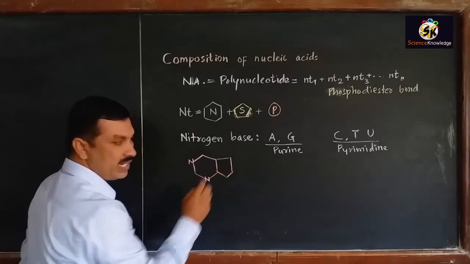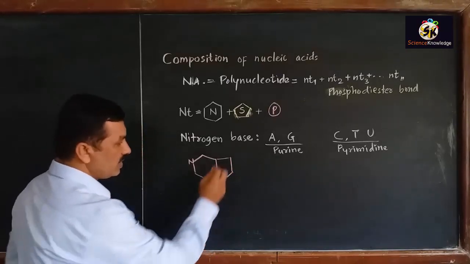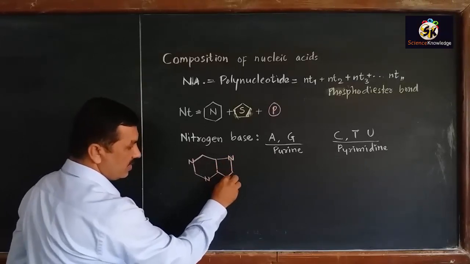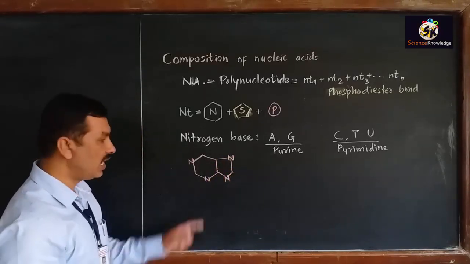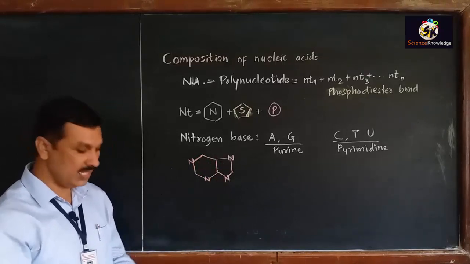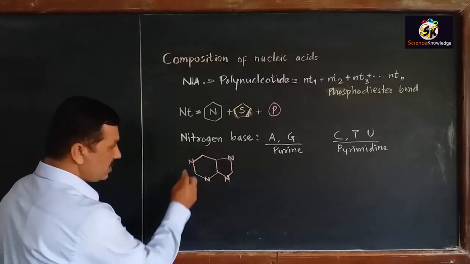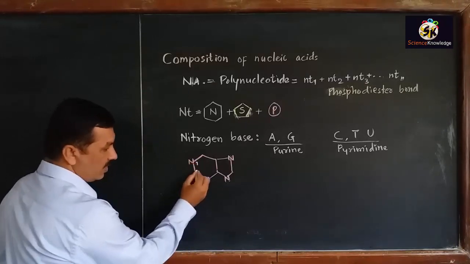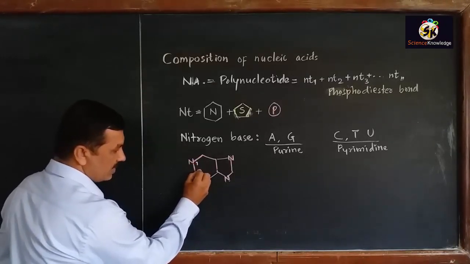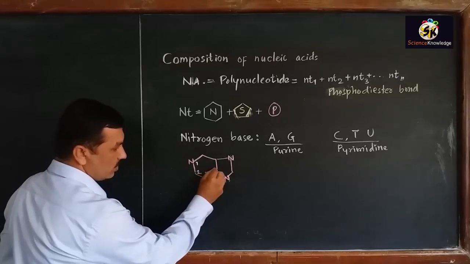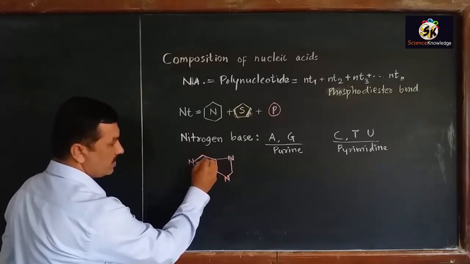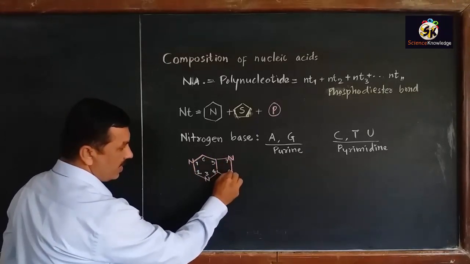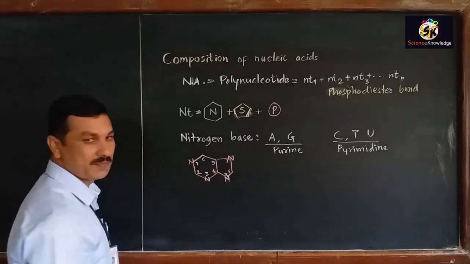This is a 5-membered ring having nitrogen at position number 7 and position number 9. Let us see how the elements are numbered in this ring. The first number is given to this nitrogen, so first, second, third, fourth, fifth, sixth, then position number 7, 8 and 9.